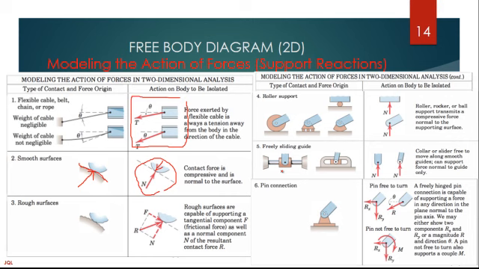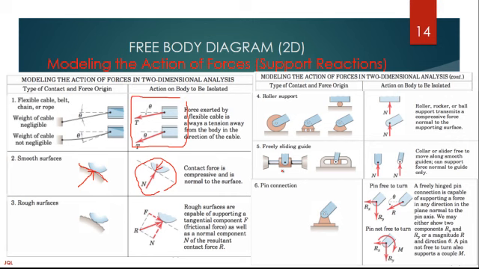Then a pin connection, I've already mentioned the pin connection. If the pin itself is free to rotate, then you only consider two forces, which is the one in the X and one in the Y. There's no moment. Why? Because it can rotate.